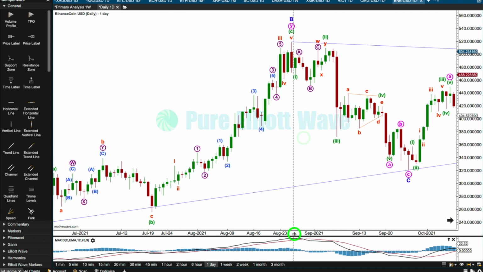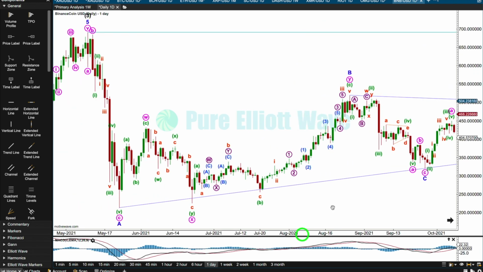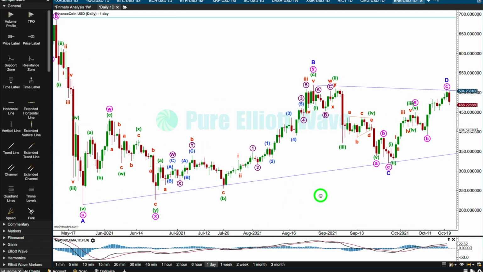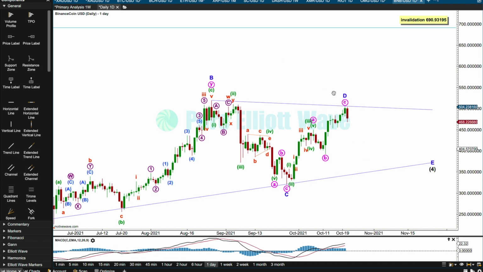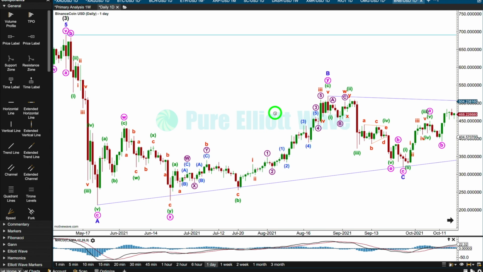Okay, so within a triangle, 4 of the 5 subwaves must be zigzags or multiple zigzags. Only one of the subwaves can be a multiple. So if B subdivides and looks best as a double zigzag, that means that all of C, D and E should be single zigzags. So I can't label D as a double zigzag, although I kind of want to. C is not going to fit.